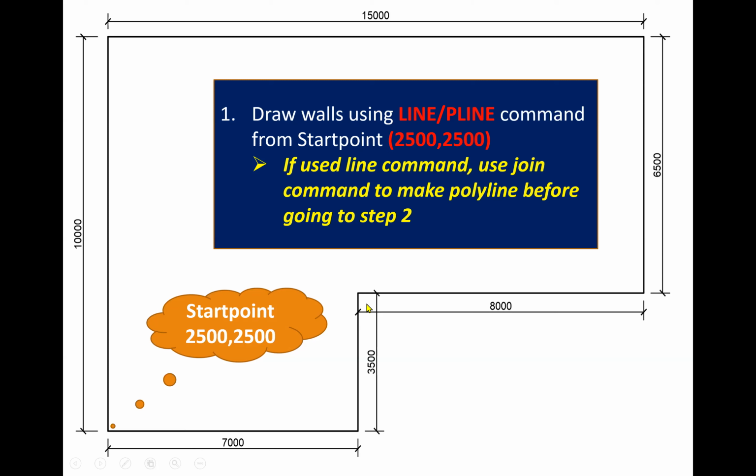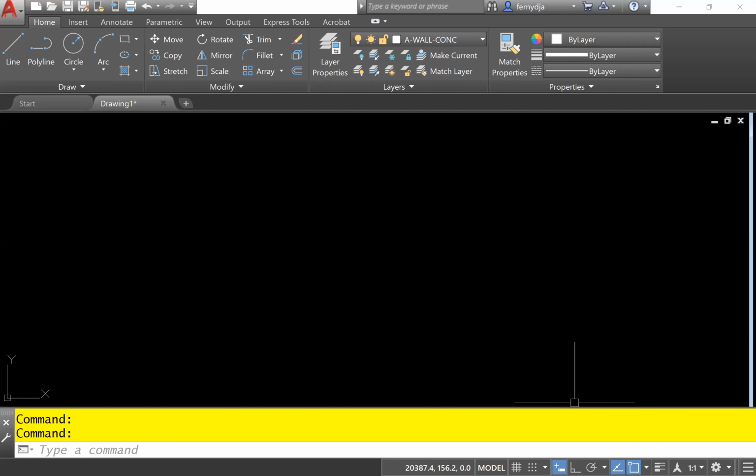So right now, I'm going to go back to my drawing screen, and everybody should ensure that they are in the wall layer, and also ensure that their ortho is turned on. All right, so mine is off. I'm going to turn it on. And also ensure that your dynamic input is running in the background.